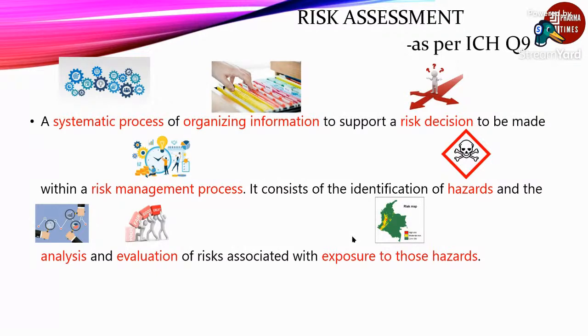I will explain one by one. A systematic process which is used for the system and defined as per your company policy, of organizing information. It means the information, documents, or any relevant evidence made with your system or your process to support a risk decision to be made within a risk management process.